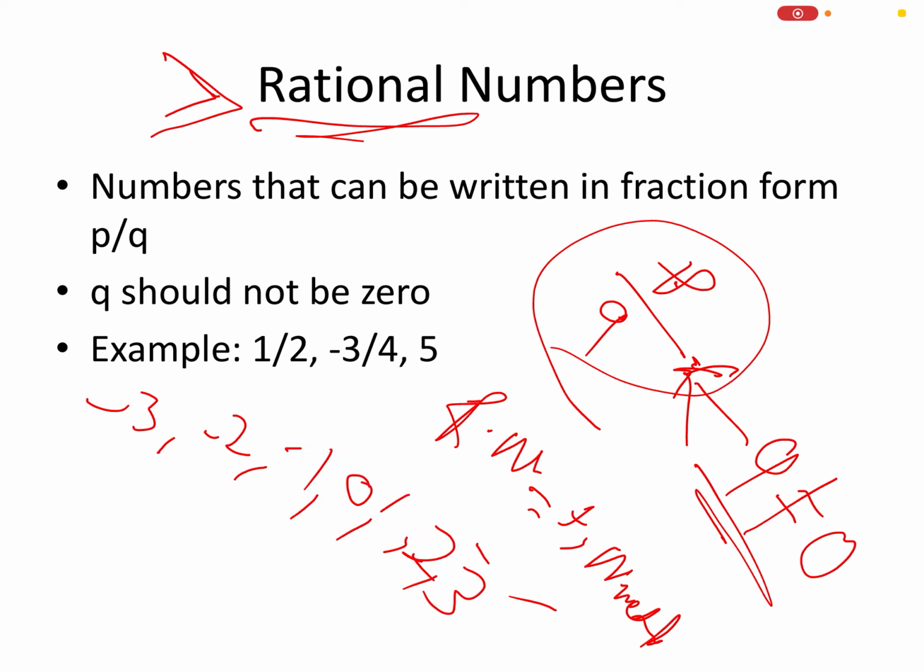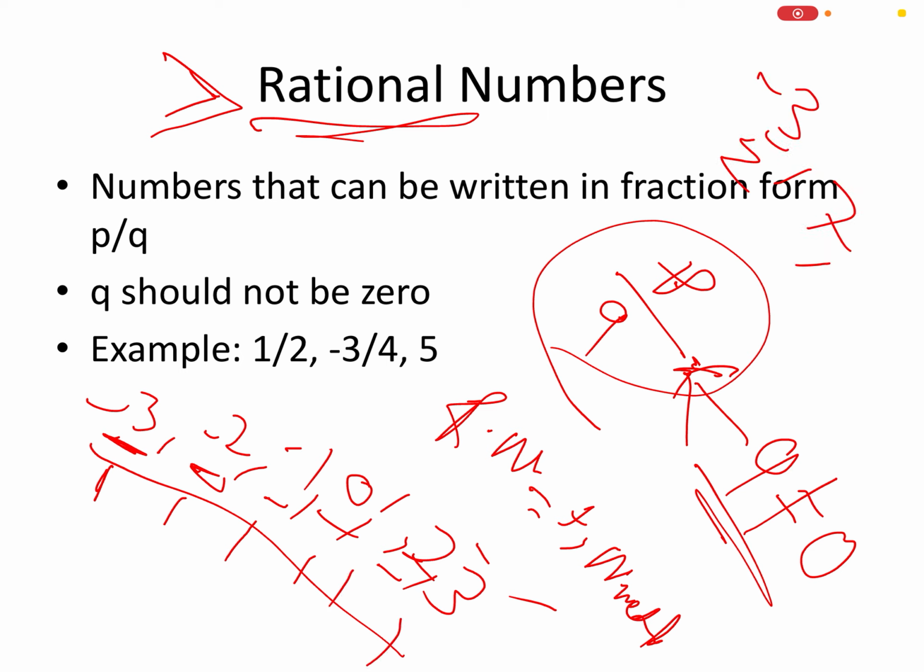So, -3, -2, -1, 0, 1, 2, 3. Okay, these numbers are also called rational numbers, because if there is nothing in the denominator, there will always be 1 in the denominator, and we know that. So -3 by 2, or +7, or -7, or 0, they are all rational numbers. So all natural numbers are rational numbers.